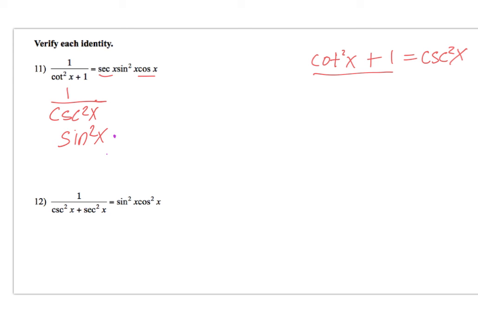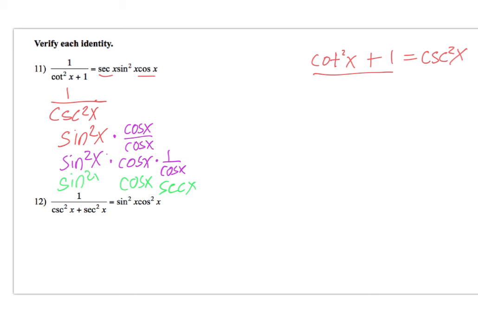I'm going to multiply this by cosine of x over cosine of x. That's just one. It's something I could do. I'm going to separate that out. So this becomes sine squared x times cosine x times 1 over cosine x. And then 1 over cosine x is the same as secant of x. So looking at this, we have all of these pieces in a slightly different order, but that's okay.